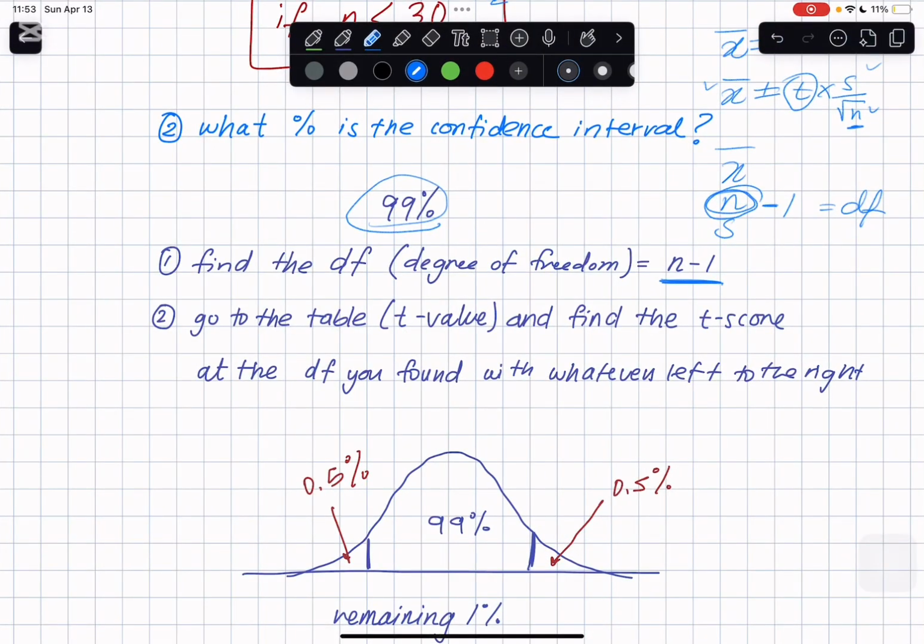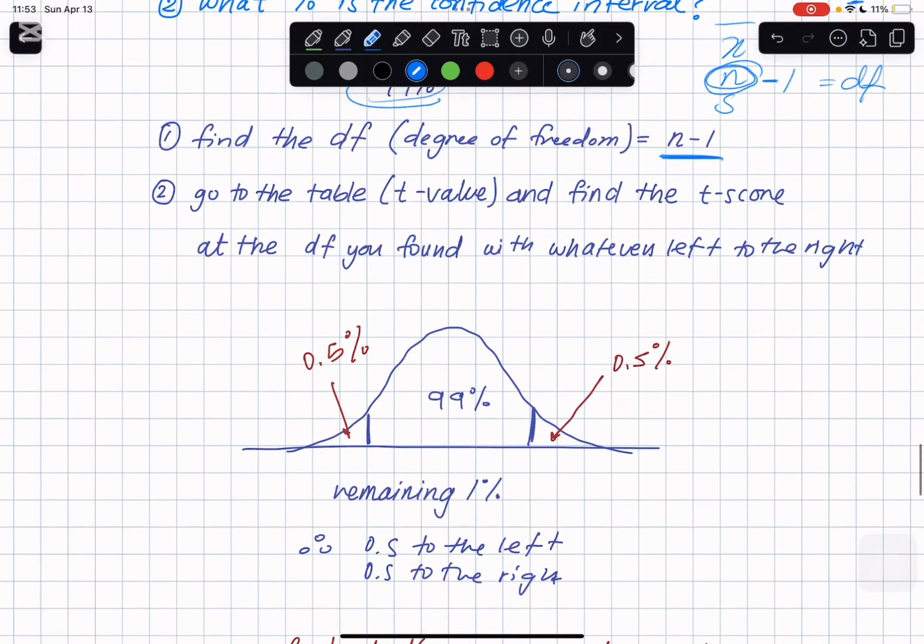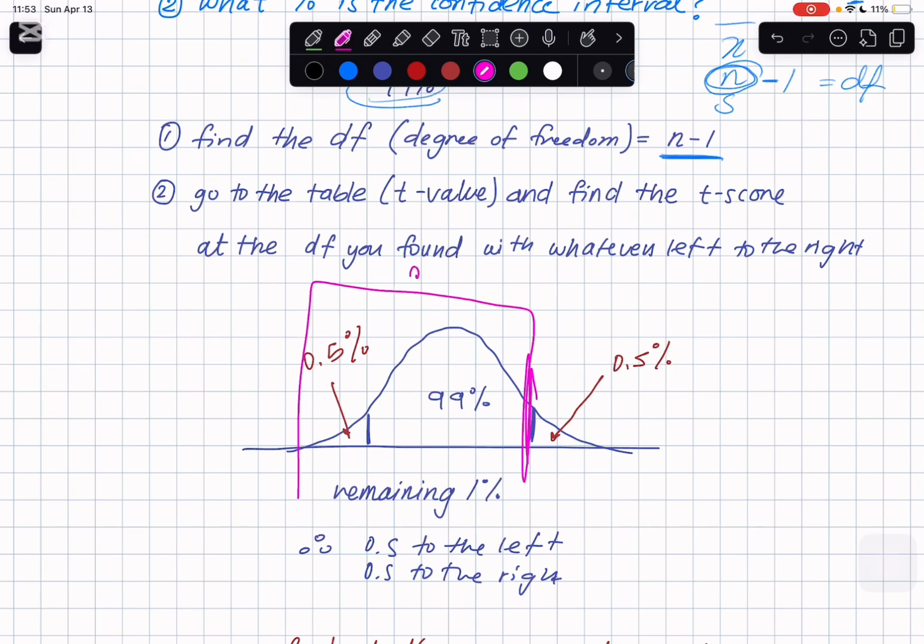So if I tell you 99%, the same question as above, what was the value to the left? Everything to the left was 99.5, or 0.995. Right? What's the value to the right? 0.005. So this is the value we're looking for in the values in the table.